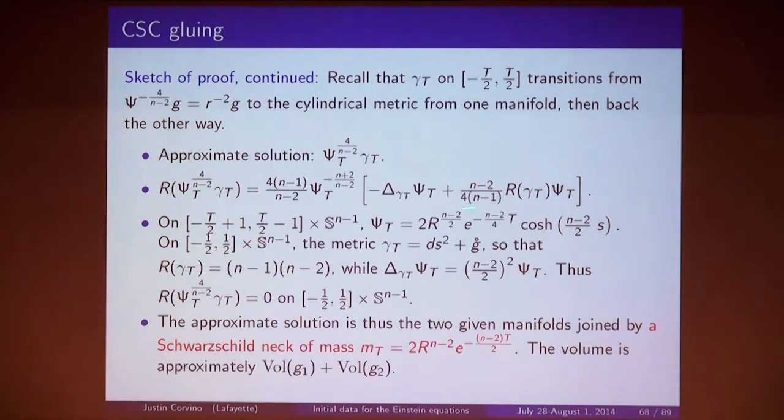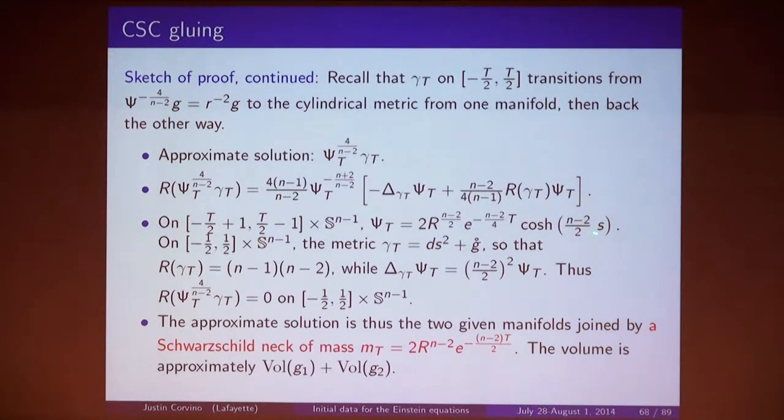So this is the friendly formula for the conformal change of scalar curvature. In a large piece down the neck, we know an exact formula for psi. In the middle, even further down, we know the exact form for the metric gamma t. It's cylindrical. The Laplace operator for gamma t, well, what is it? It's a sum of two metrics, so you have the second derivative in S plus the Laplace operator on the sphere.